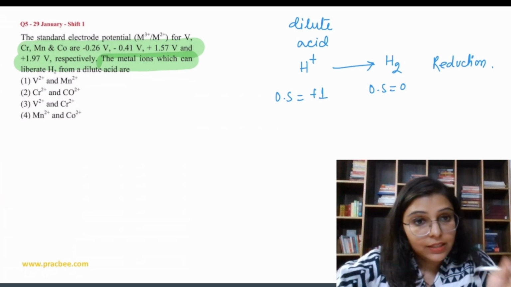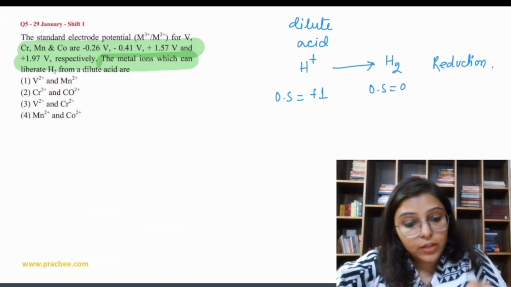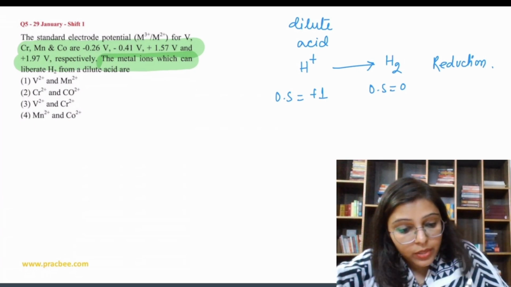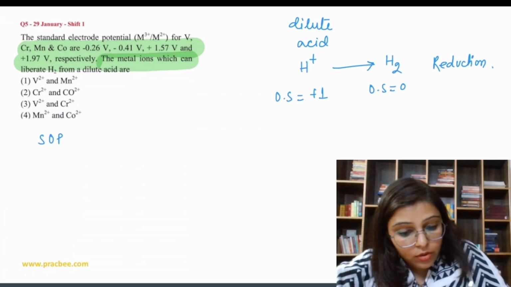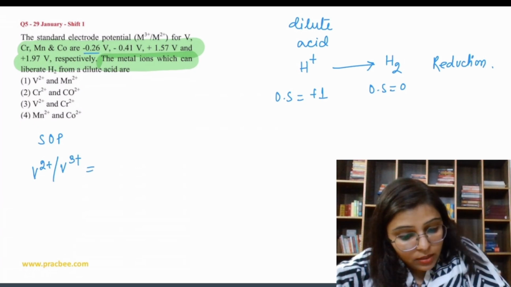So let's write down the standard oxidation potential for the respective metals. For V2+ to V3+, it is going to be plus 0.26 volt.